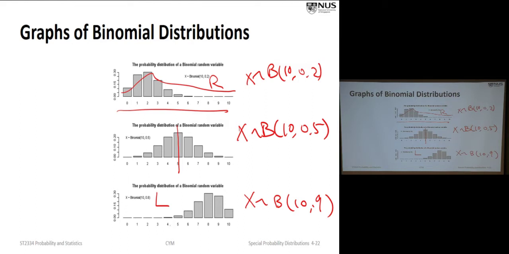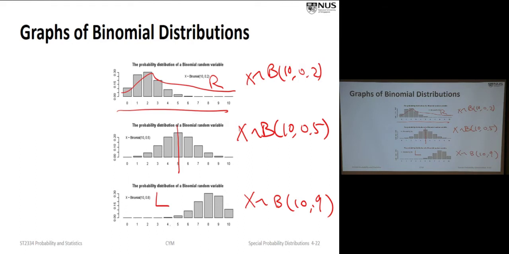On the other hand, if p is equal to 0.2, a very small probability of success, then most likely your number of successes out of 10 trials will be small. So that's why the probability is large for those small x values in the first graph. That's how we interpret the graphs.